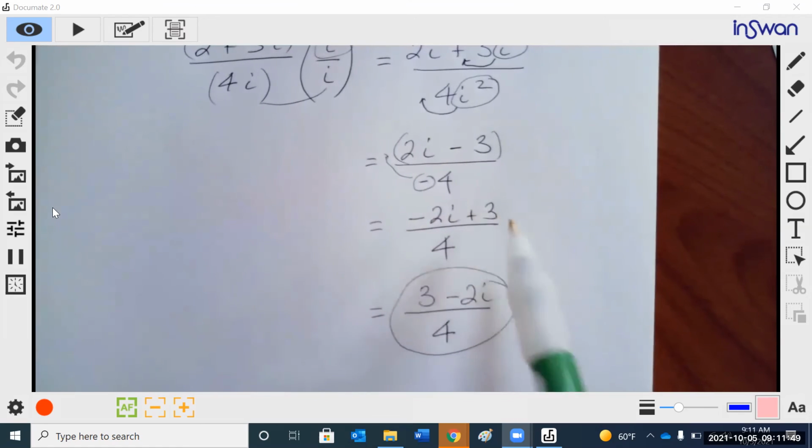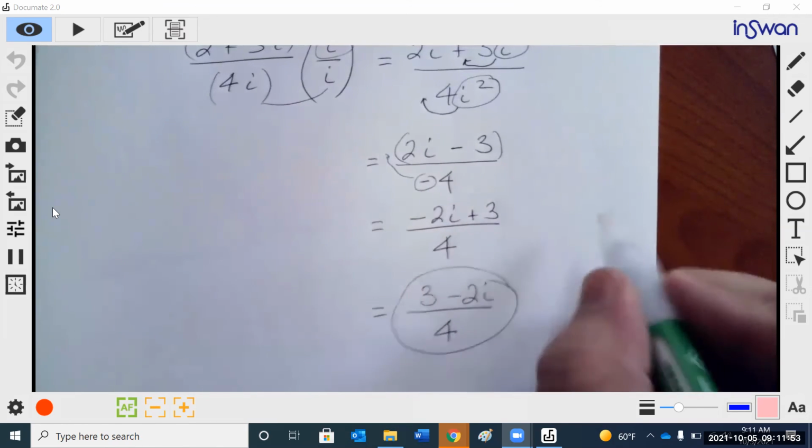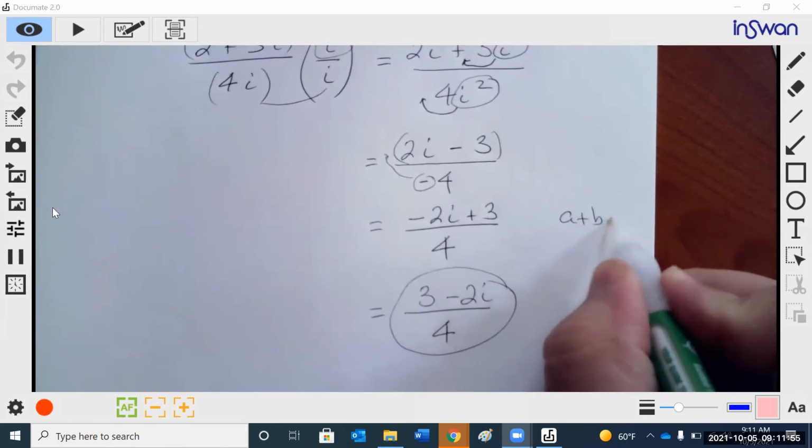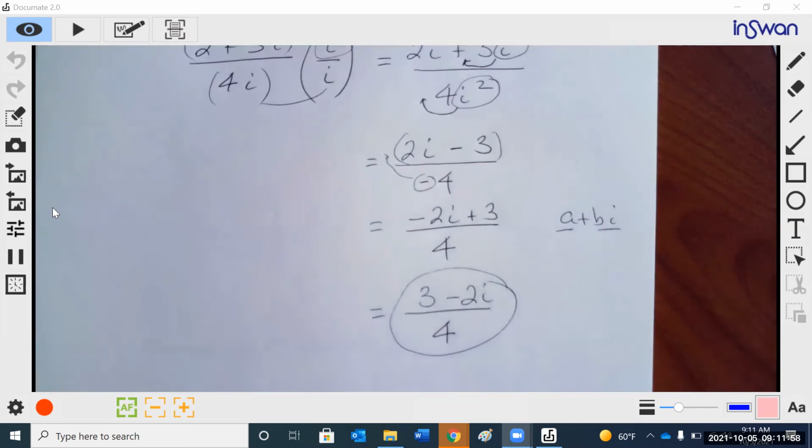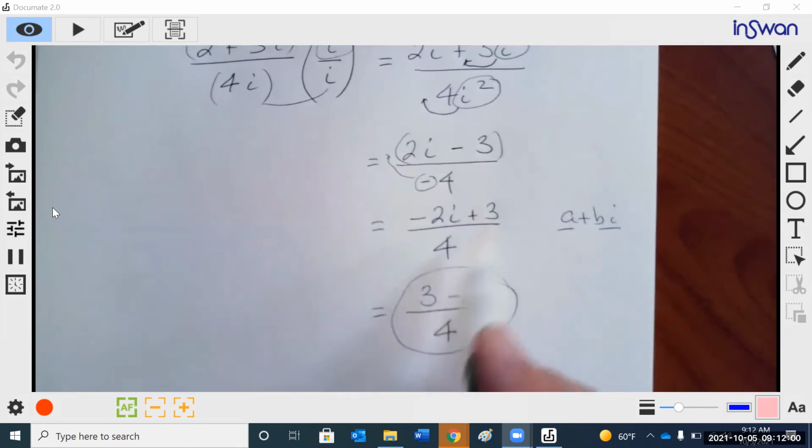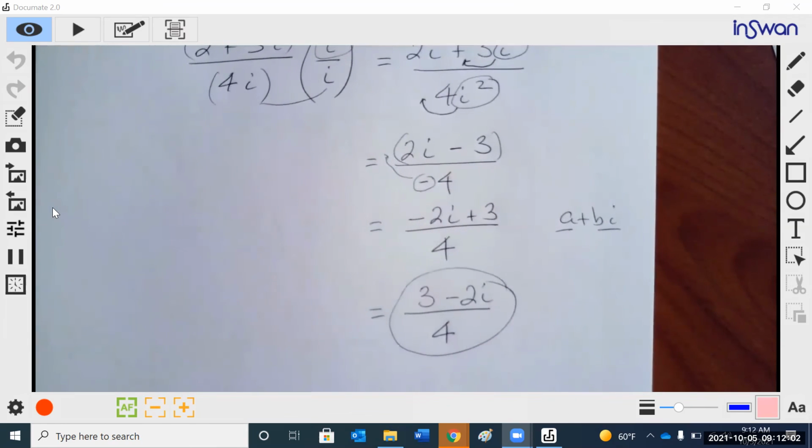Negative 2i plus 3 over 4 is not really wrong, but it's not really right. It looks ugly because complex numbers have to have real plus imaginary. So we just switch the top: 3 minus 2i, and there's your answer.